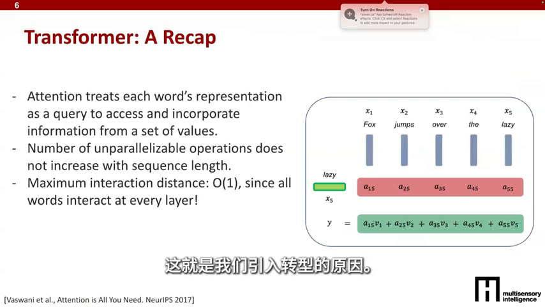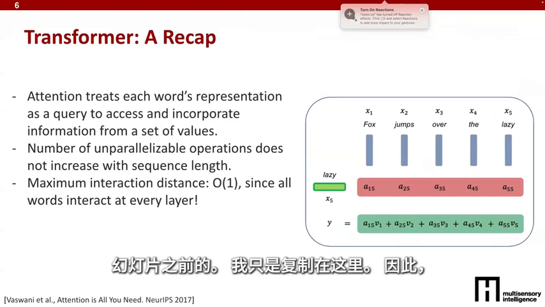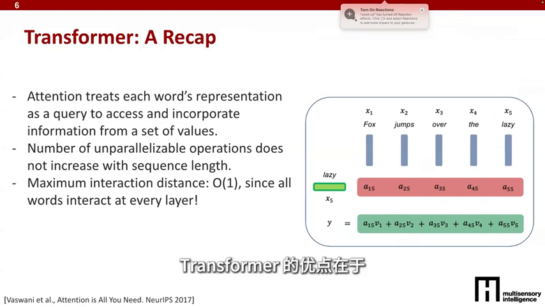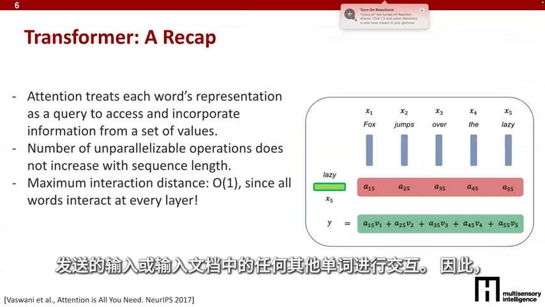So that's why we introduced the transformer. This figure was actually from three slides ago; I just copied it here. The good thing about a transformer is that it has global attention, so each word can interact with any other word in the input sentence or input document.